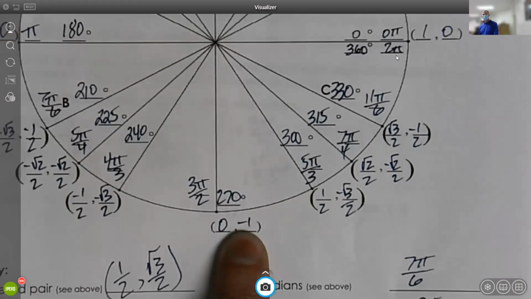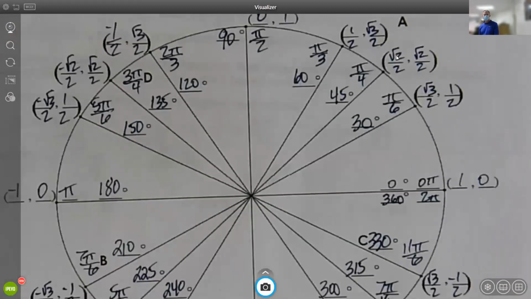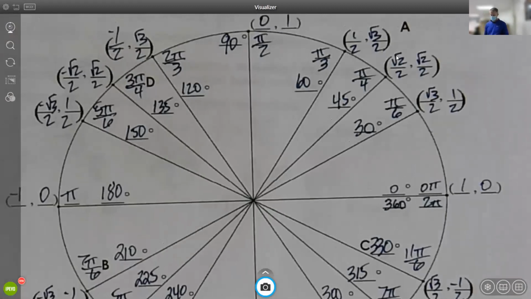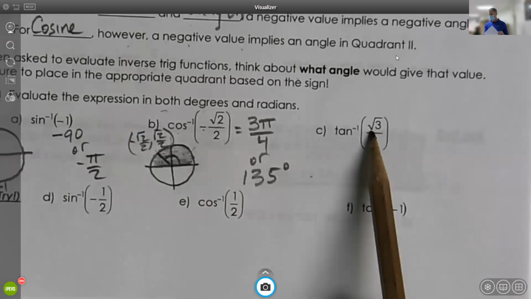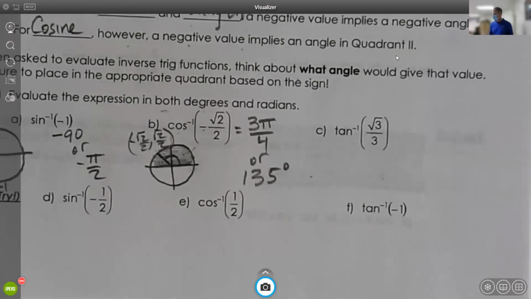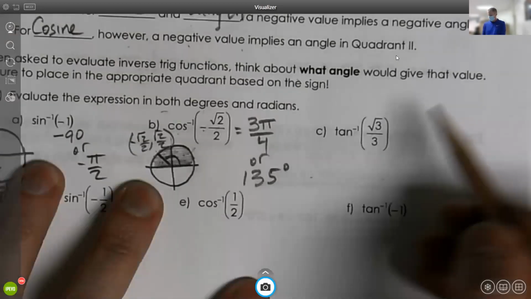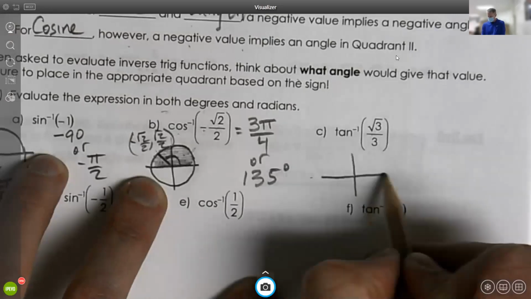But you can't find where tangent is √3/3. We don't typically write it on a unit circle. There is no reason why you couldn't put it off to the side near your coordinate. But let's think about it. Doesn't mean we can't get it just because we don't absolutely know.